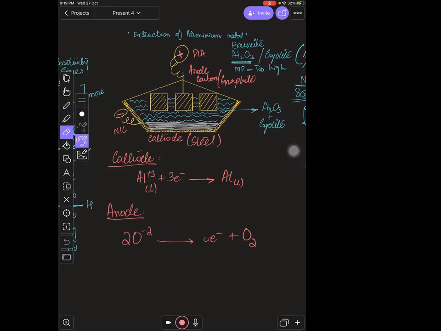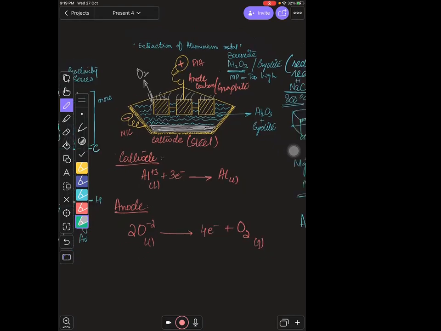So we need to write it correctly that for two oxides, it will lose four electrons. This is the equation. Initially it is liquid, and after that it is gaseous. So you can see the gas will be released from here, which is oxygen gas. Okay, bacho?